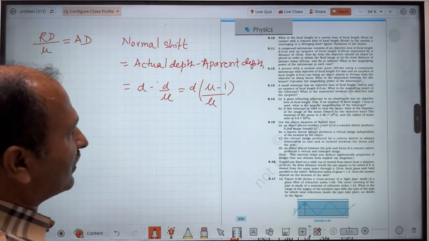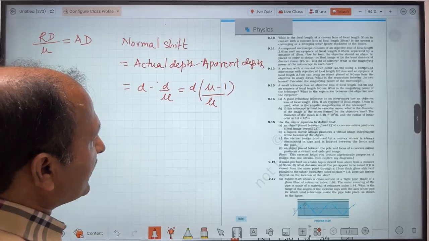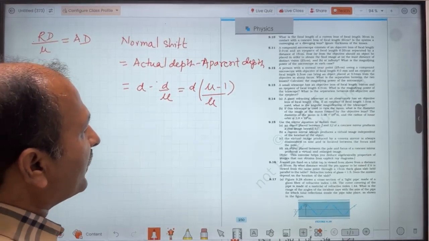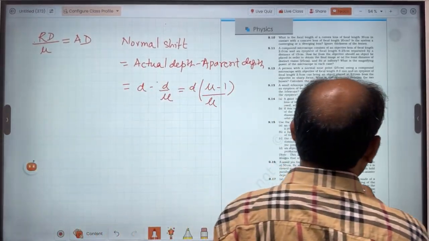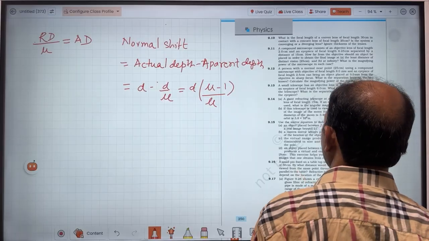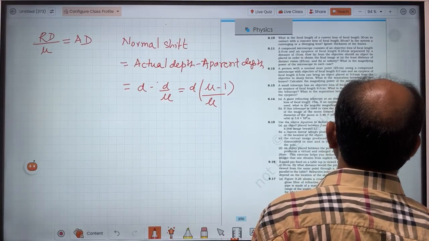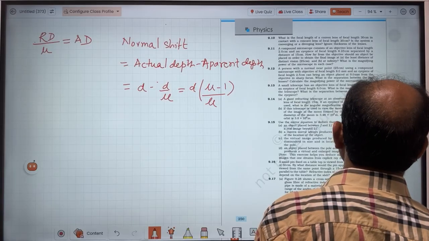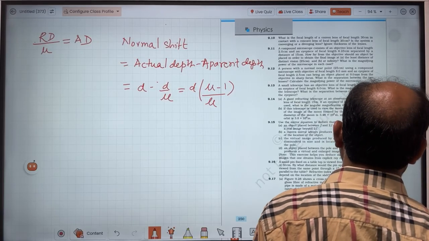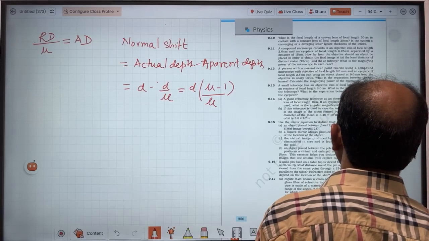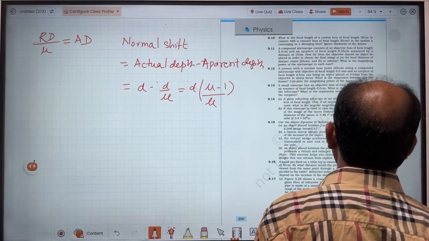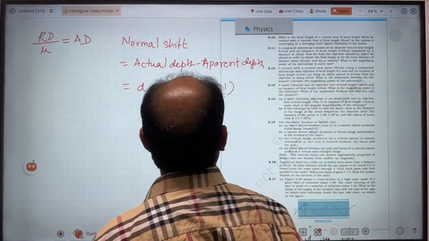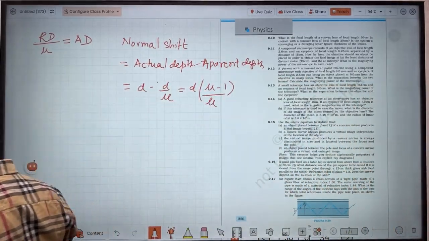Here in our question, information is given: a small pin fixed on the tabletop is viewed from above from a distance of 50 centimeter. By what distance would the pin appear to be raised if it is viewed from the same point through a 15 centimeter thick glass slab held parallel to the table? So here we can evaluate.